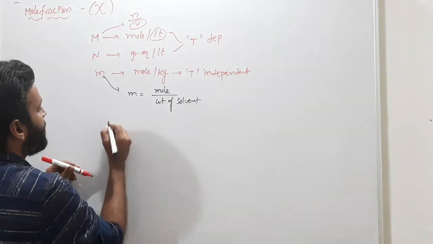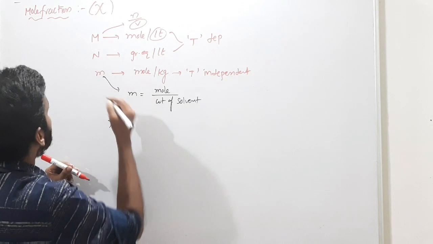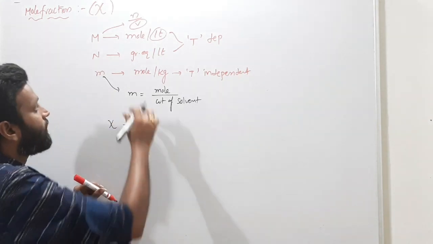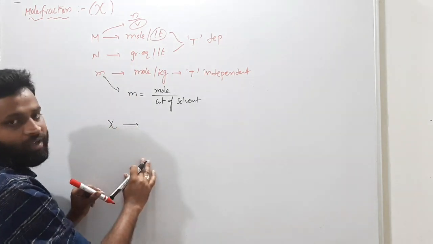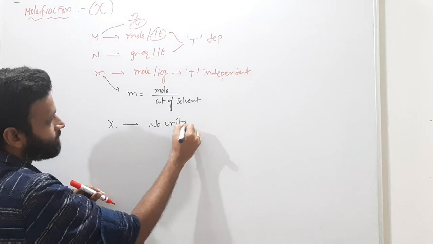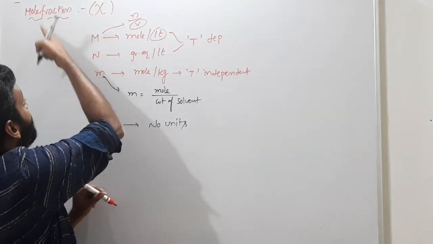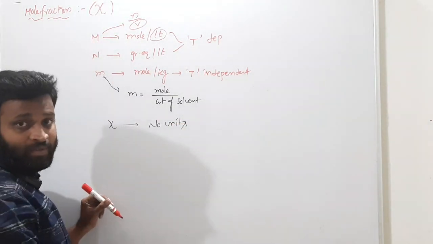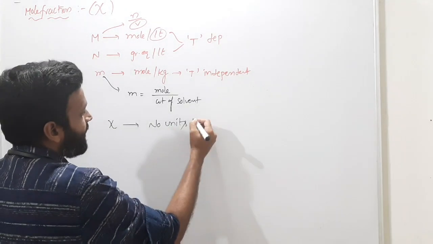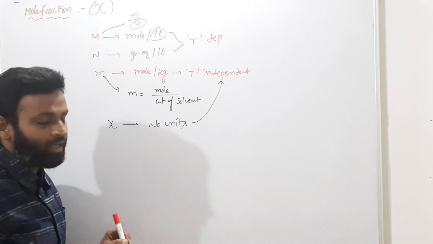And one more thing, I have just mentioned mole fraction. Actually I have not given the mole fraction definition yet, but these four comparisons are very important. Mole fraction has no units. From the name itself, mole fraction means fraction of moles. So no units, and it is also temperature independent.